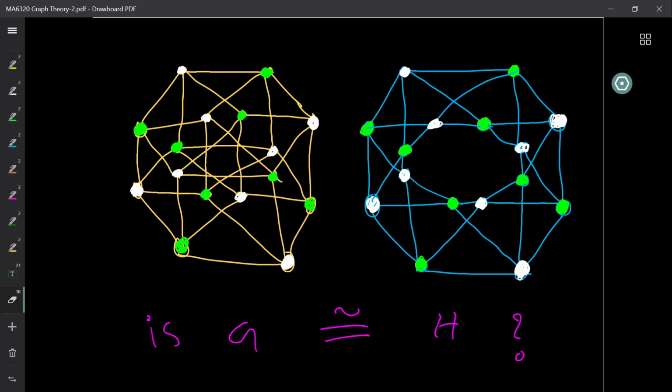Both of them have 8-cycles, 4-cycles, all kinds of cycles, and they are bipartite. But still, if you spend some time, you will be able to find some parameters which are different. So they are not isomorphic actually. Take it as a question and work it out.